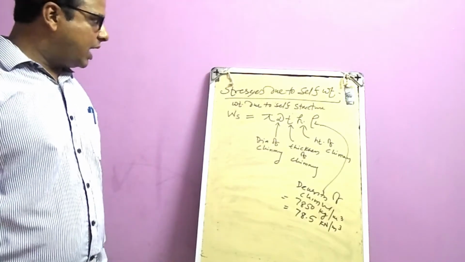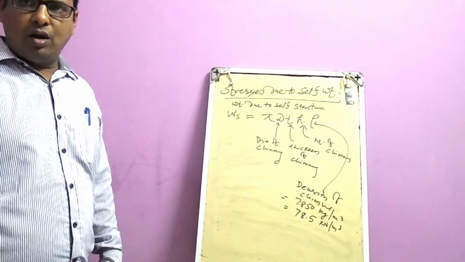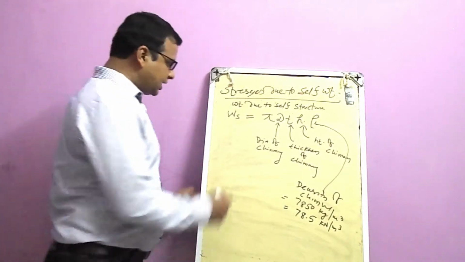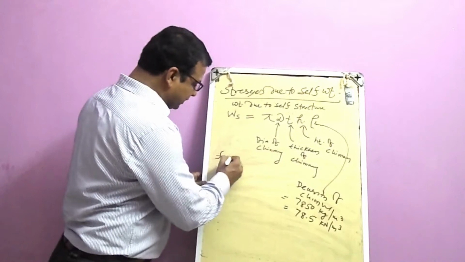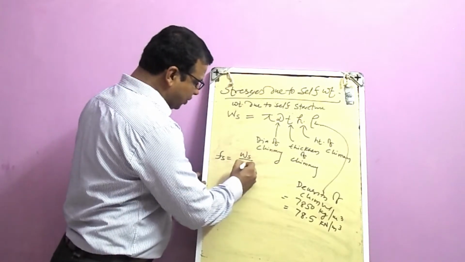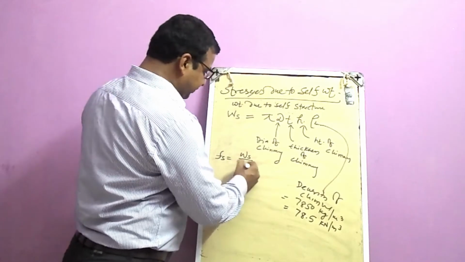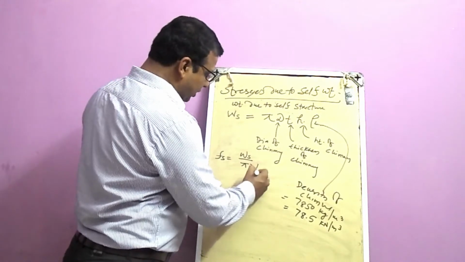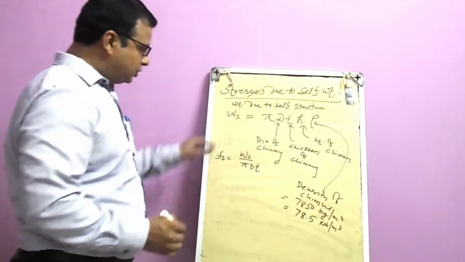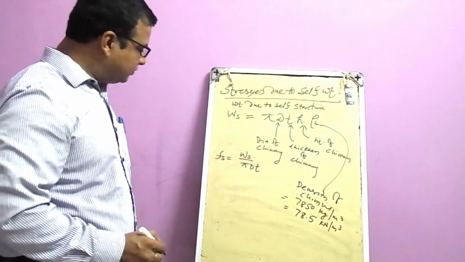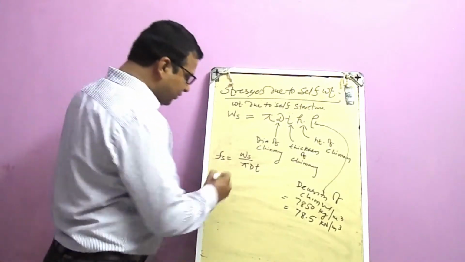Now we have to calculate the total stresses. So stress is generally Fs equals Ws upon the volume or area, so force upon area, that will give the stresses due to the self weight.